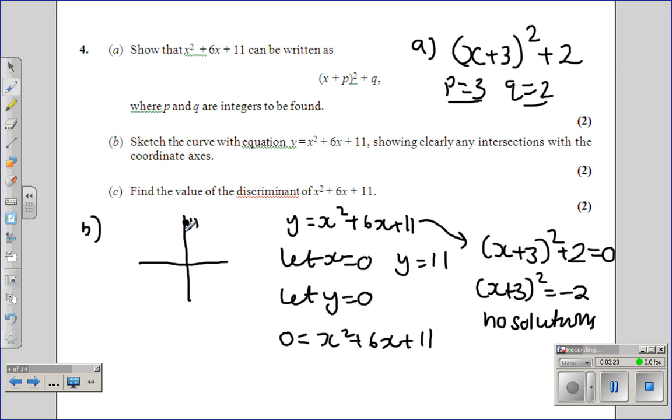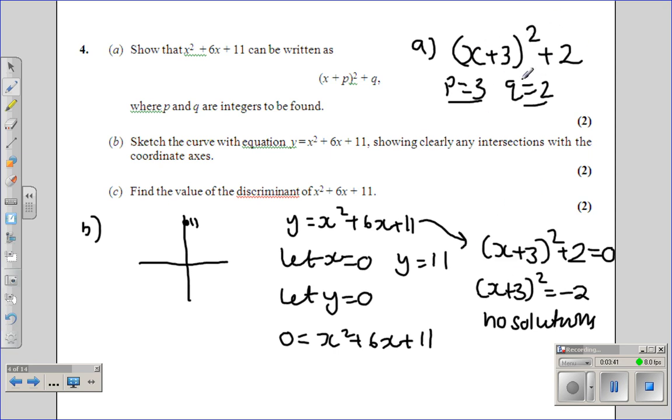So the way we find out is by looking at the minimum point, the lowest point on the graph. If it's here, then we know that it's along like that. If it's here, then we know the graph looks like that. It's really easy to find the minimum value when you've got completing the square, when you've got it in here.